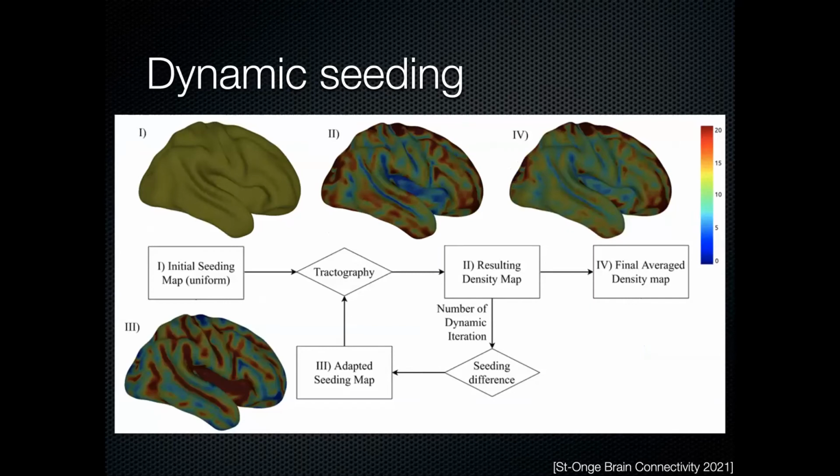So we're going to have now new strategies to do tractography in a dynamic iterative way. So if after a first tractography algorithm, you get the image in 2, and you see that you still have a lot of places where the cortex is empty, you're going to take the difference between your original seeding map and your termination map of all the tracks where they terminated, and you're going to keep seeding.